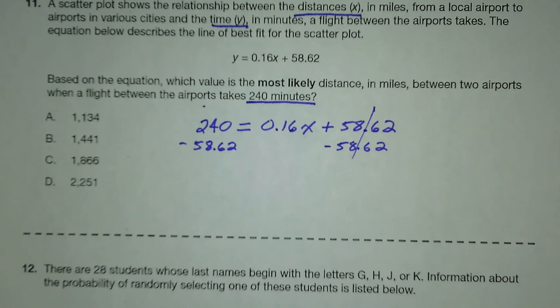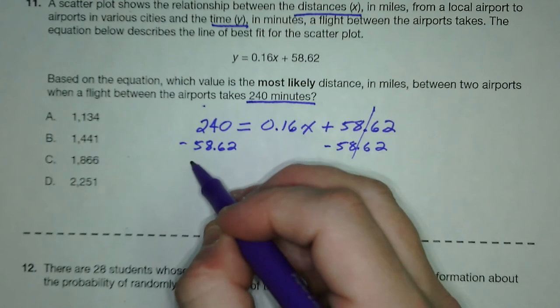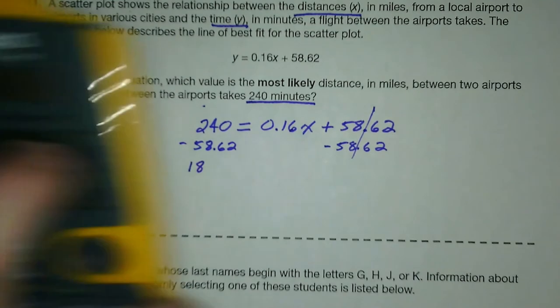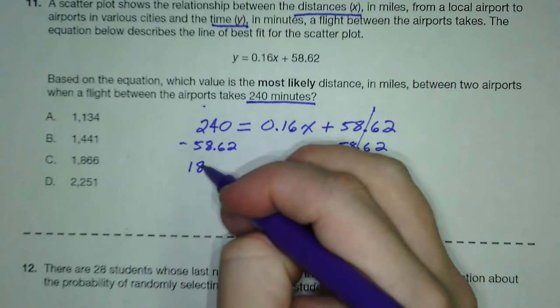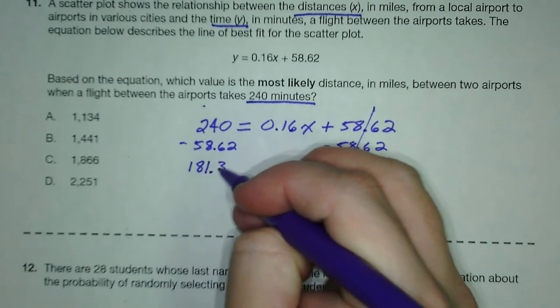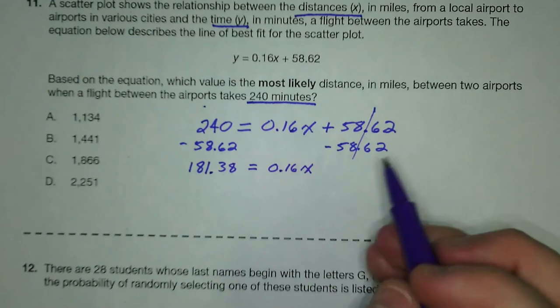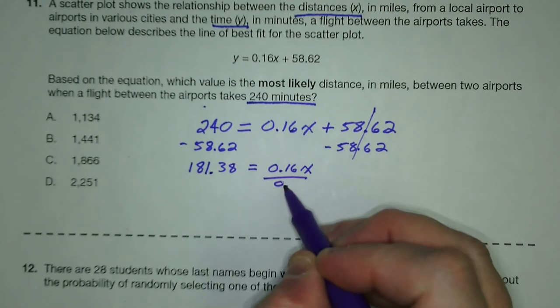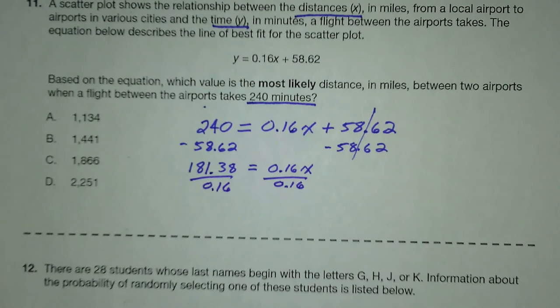240 minus 58.62. So that says 181.38 equals 0.16x. And now it's time to divide both sides by 0.16, which I will also do on my calculator.